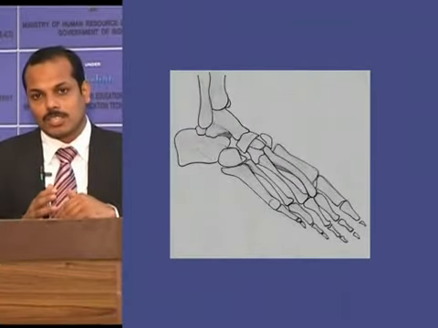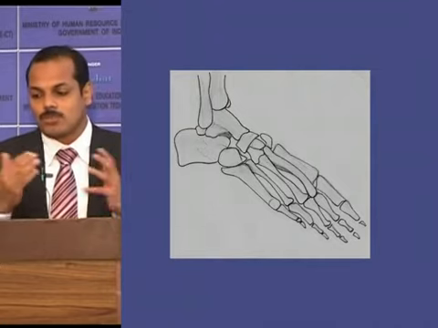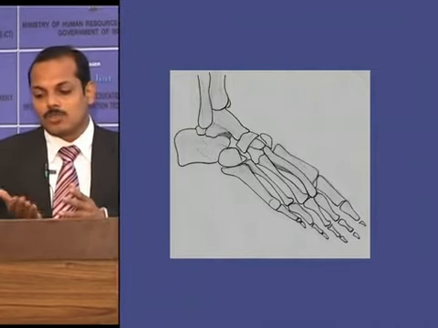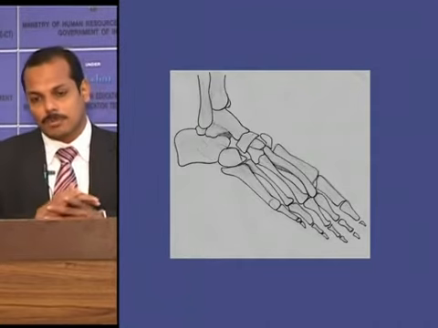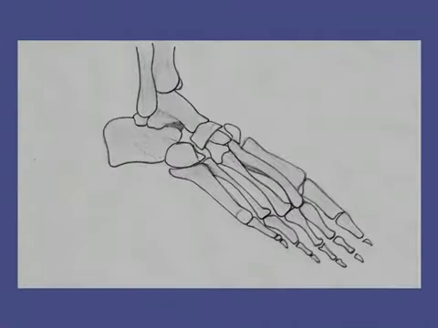The second motion, the opposite of plantar flexion, is called dorsiflexion. Here the movement is towards the anterior side of the tibia, and it is assisted by the extensor muscles of the foot.